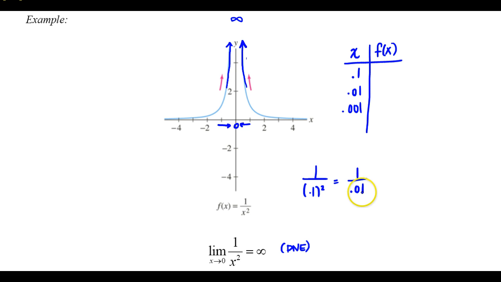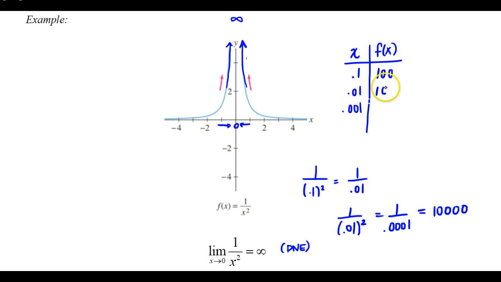So 0.01 goes into 1 100 times. So we already get out 100, and that's quite different than some of the numbers that we've been coming across in the previous examples. So now let's see what happens when we substitute in 0.01. So 1 over 0.01 squared is going to be 1 over 0.0001, and 0.0001 goes into 1 10,000 times.